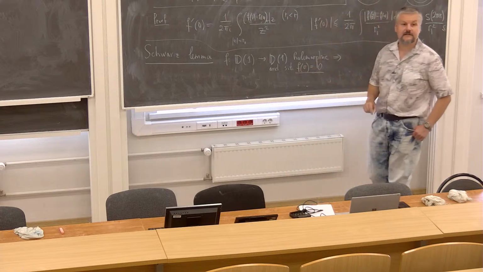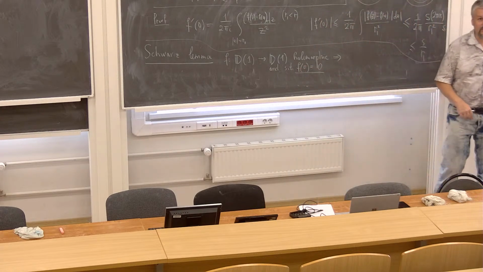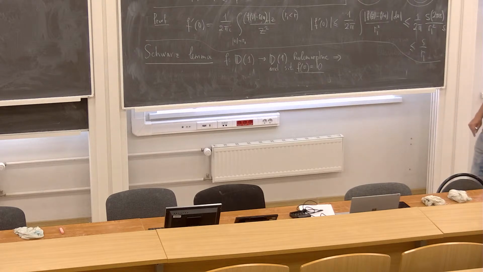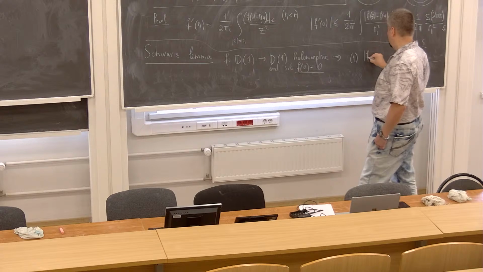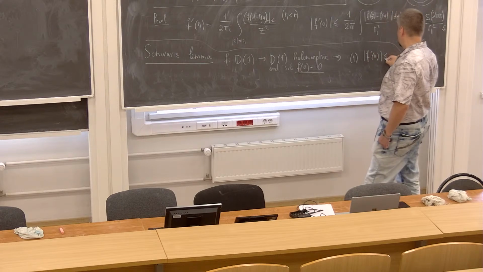This is an assumption now. So we assume that 0 goes to 0. Then the first part says that the modulus of f prime of 0 is less than or equal to 1.